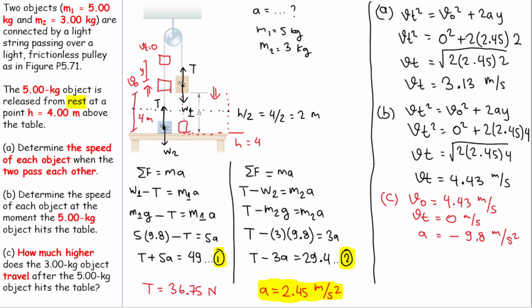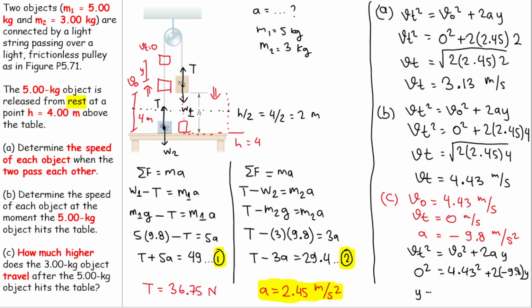And we can use this formula all over again. Vt squared is equal to V0 squared plus 2ay. Okay, but Vt is 0, so I have 0 squared equal to 4.43 squared, and then plus 2 multiplied by minus 9.8 multiplied by y. Or we can isolate this for y.